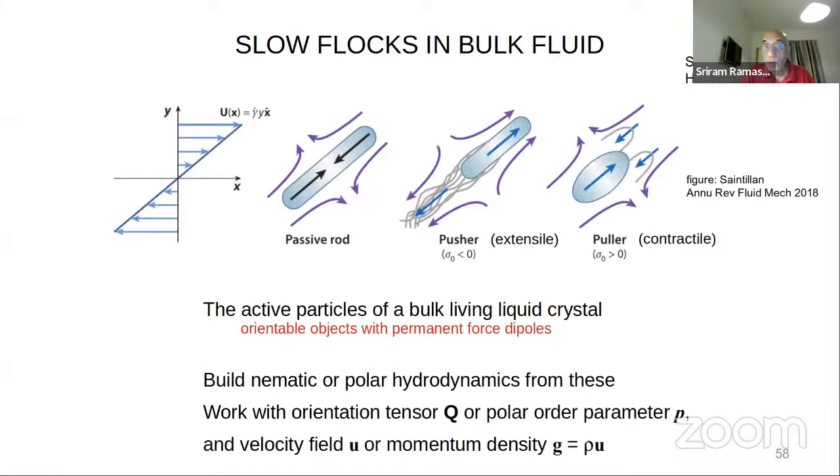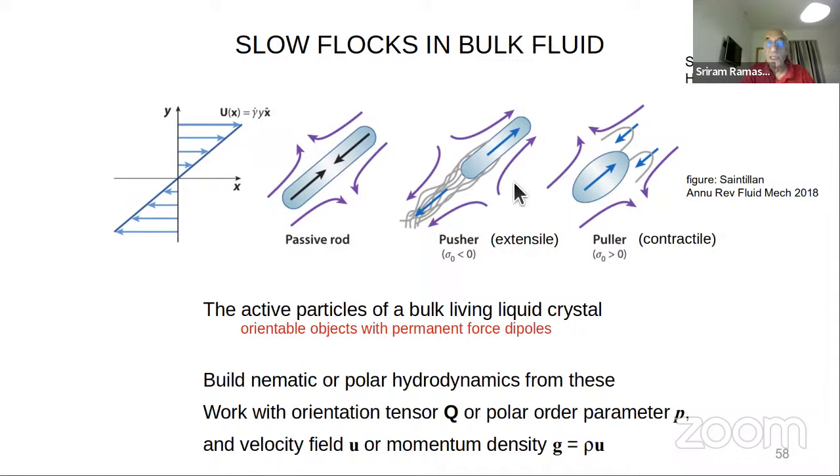So then I started telling you that an object exerting self-propulsion and moving through a fluid looks either like this guy or like this guy. You can see my cursor, right? Generically, the simplest orientable object that swims through a fluid either pushes fluid backward and moves forward, or pulls fluid towards itself and moves forward.